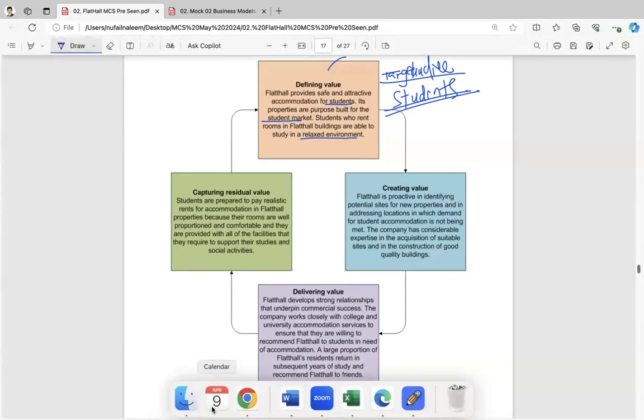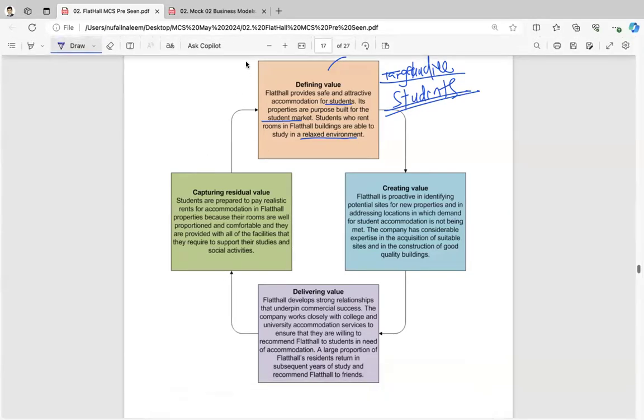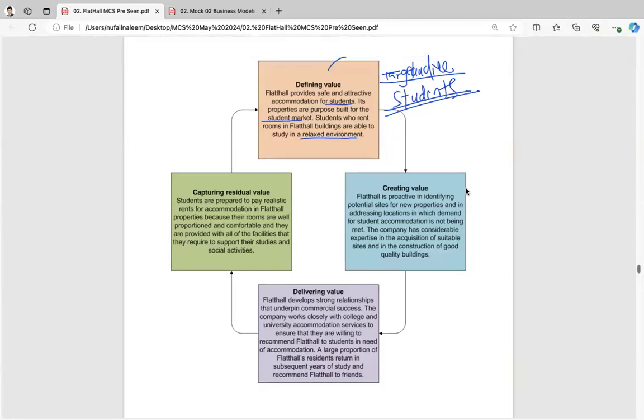So students, observe it clearly so that you understand this correctly. The target audience is students. Now you have to think like a manager in the exam. There can be other points of view, so you have to connect it towards the business defining value. In the past, we studied mission, vision, objectives.